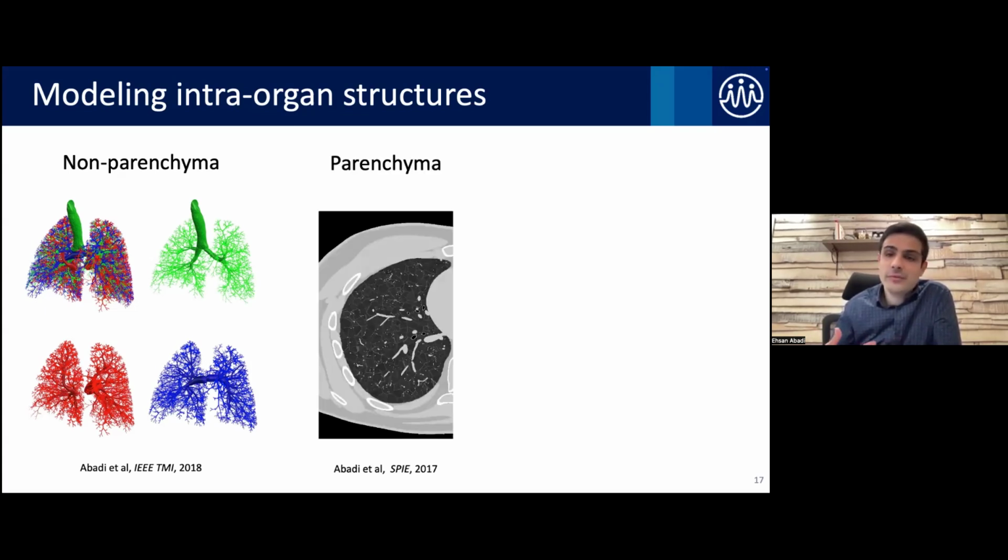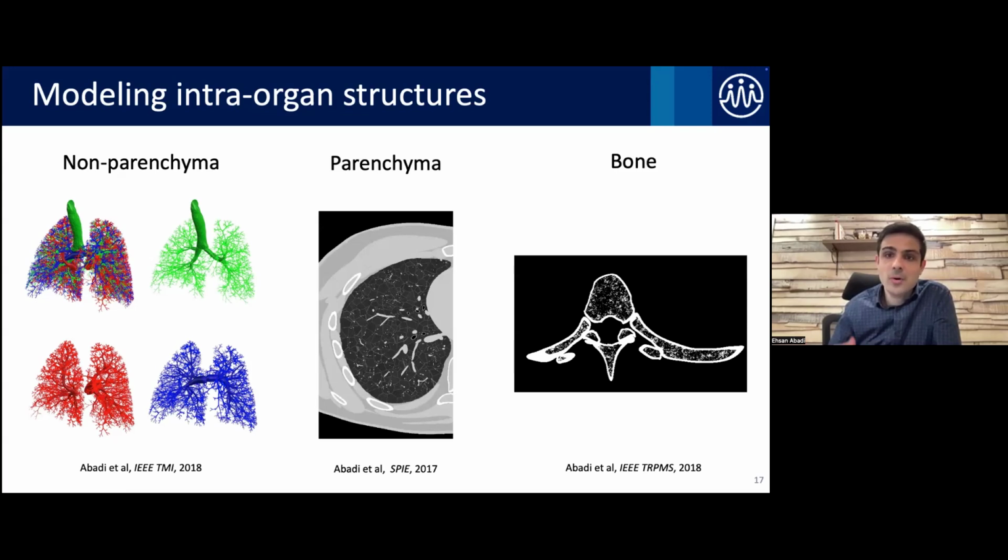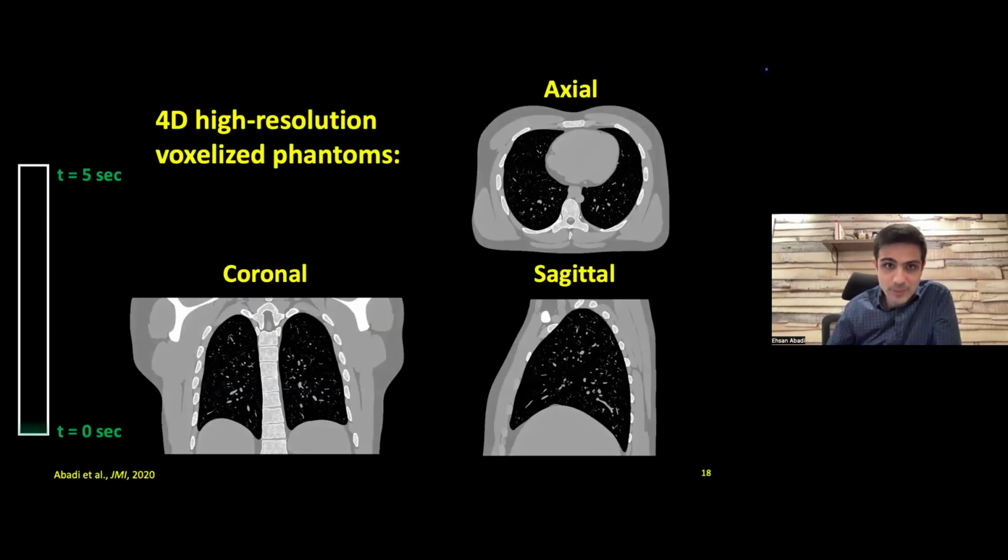We have done this for various structures like parenchyma and vasculatures in the lungs. We have done it in the bone and some other organs as well. So this is one area that we have been working on, to create these human models more and more detailed within their organs.